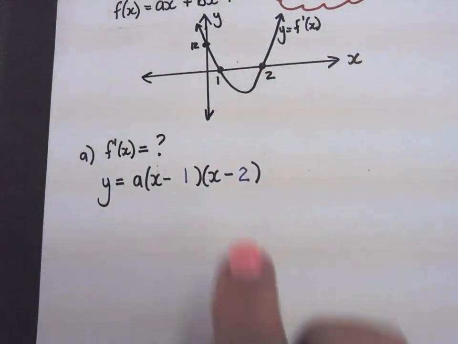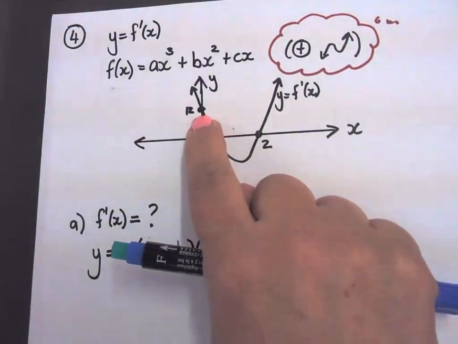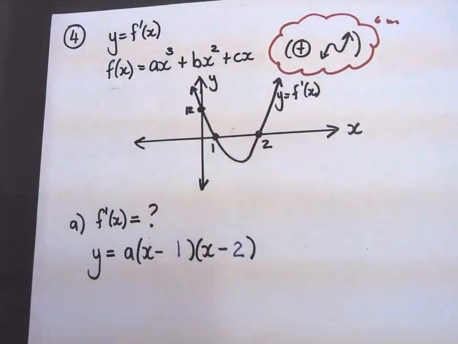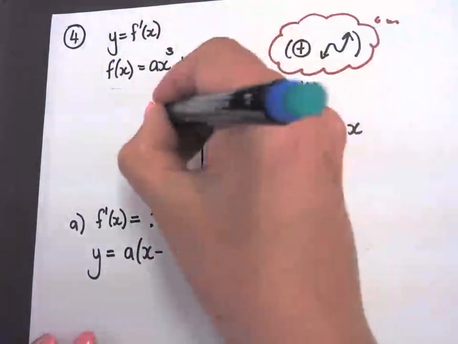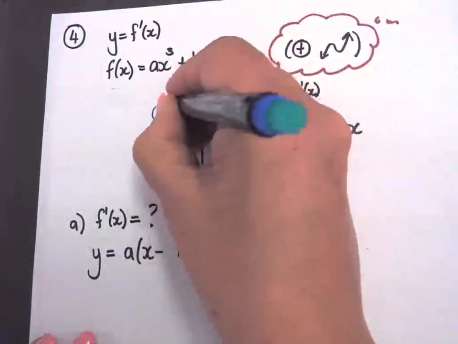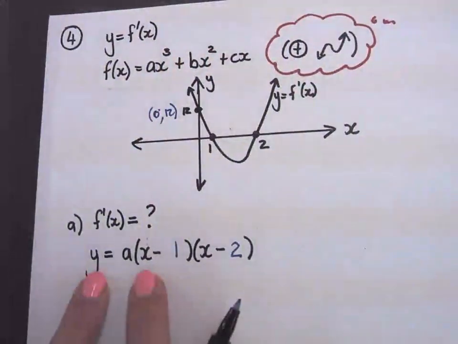Now, I also have another point. It is the y-intercept at 12. So I can substitute that coordinate. X is 0, y is 12, into the x and the y variables.